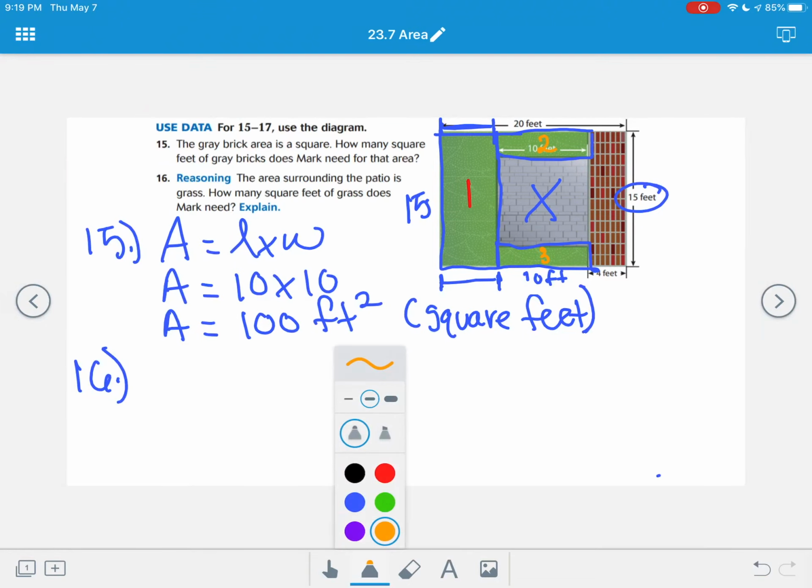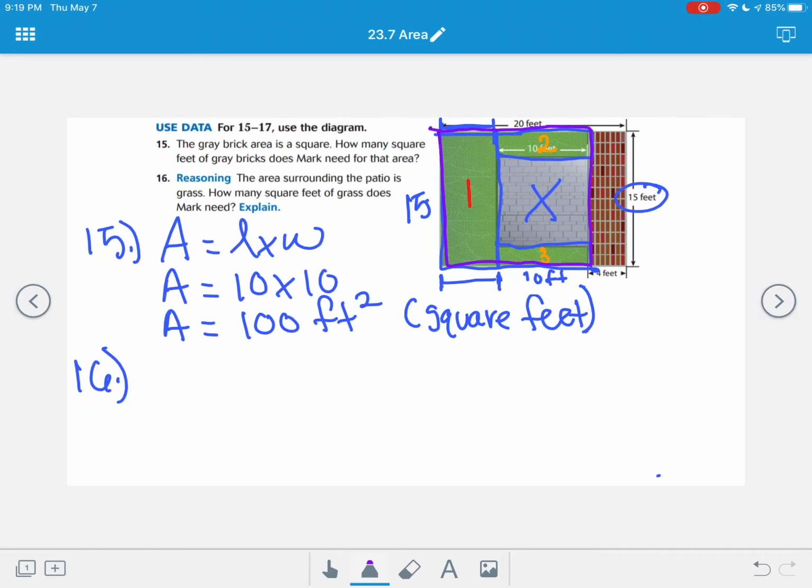Or we could think bigger picture, and we could find the area of this entire rectangle here and subtract the brick from it. Either way is okay. I'm going to show you how to do both methods.